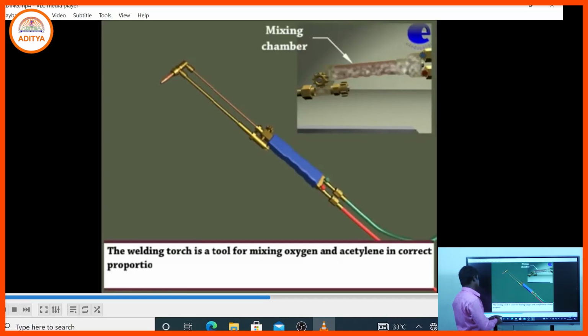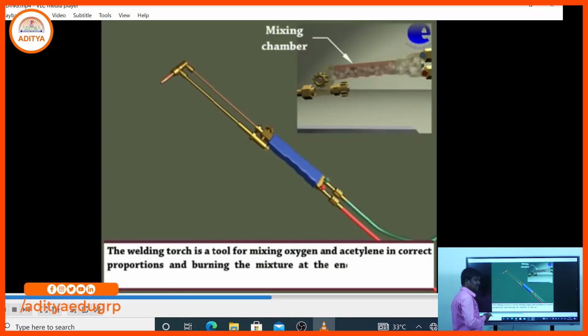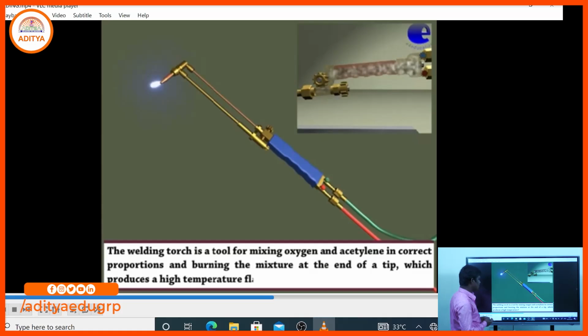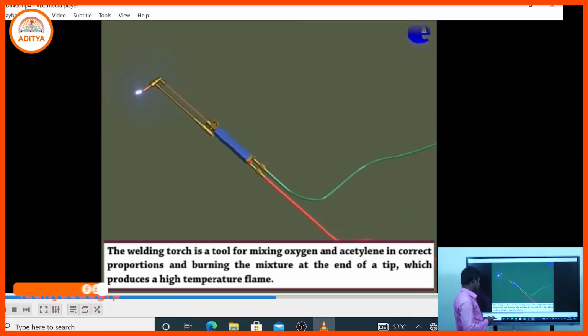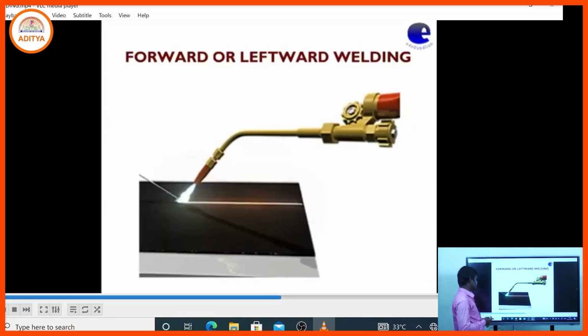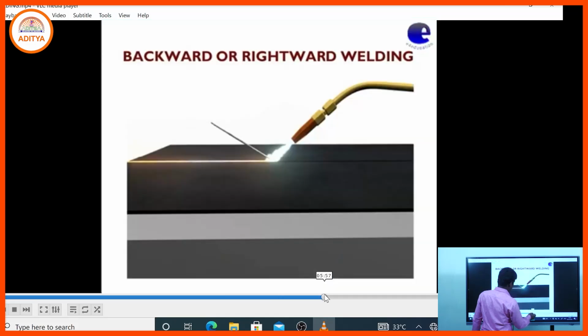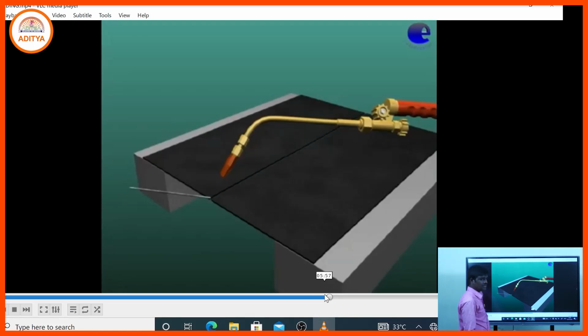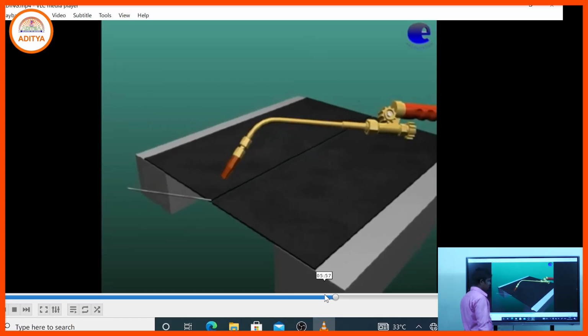The oxygen and acetylene are burned as a mixture in the correct proportion in the presence of air, and this flame creates a very high temperature. In rightward welding, we do the welding operation from left to right, and sometimes we also use the filler rod.